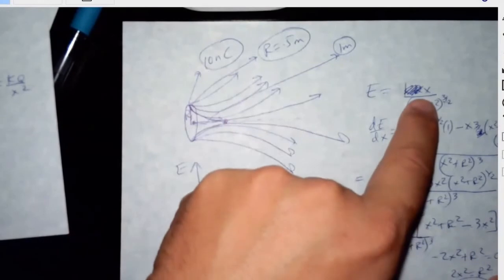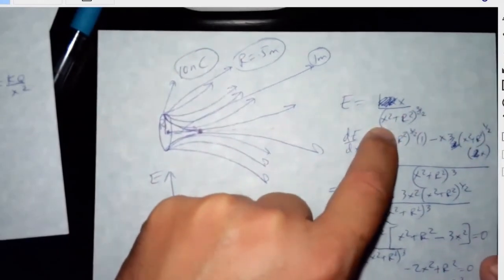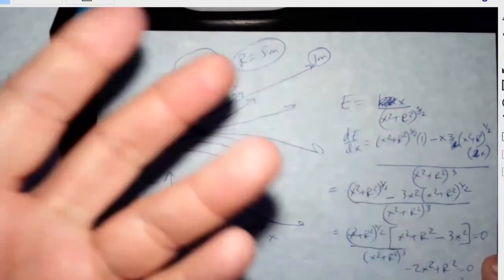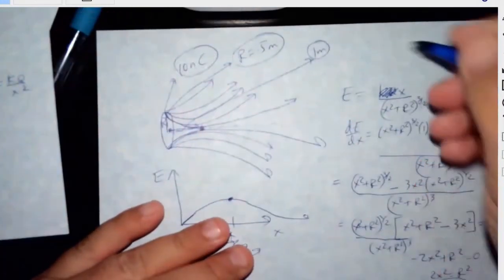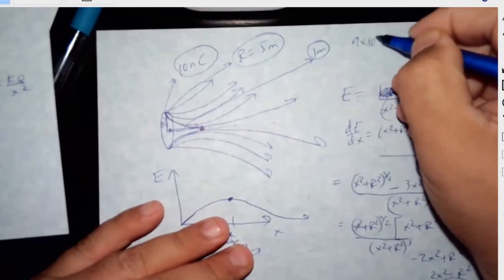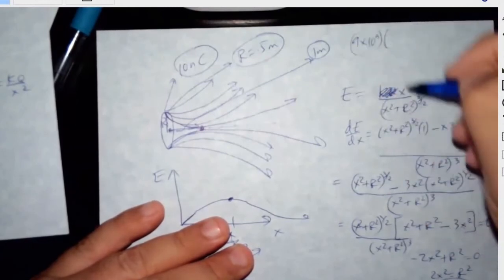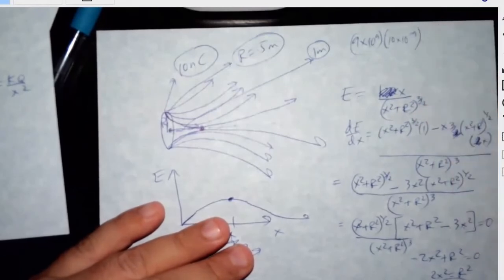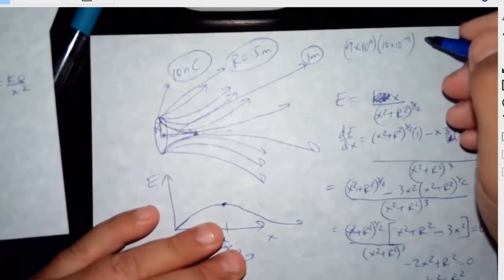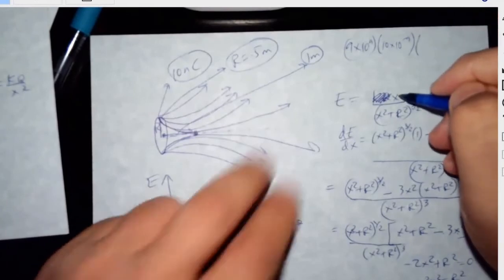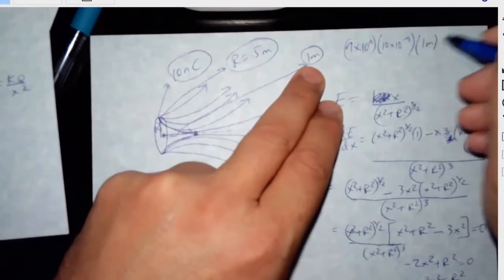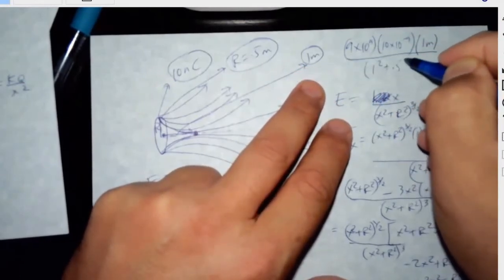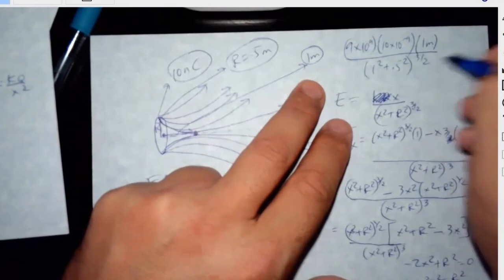1 meter away. Okay, so then I'll just use this general equation here, right? In this case, since it didn't involve an integral anyway, there's really nothing to integrate. It's just kqx over this. So 9 times 10 to the 9th times q, which is 10 times 10 to the minus 9, times x would be 1 meter away, over 1 squared plus 0.5 squared to the 3/2 power.